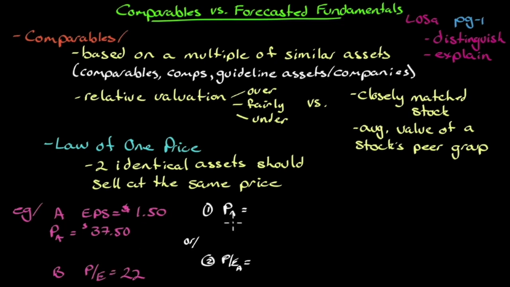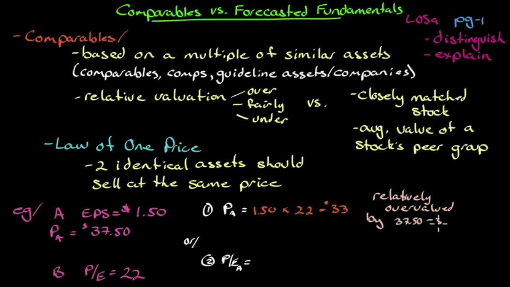We can say the fair price of A should be its EPS times whatever the multiple on the comparable is, times 22, or $33. It's selling at $37.50. So at this point, we could say this appears to be relatively overvalued. We can't say it's overvalued. We can only say it's relatively overvalued by $37.50 minus 33.